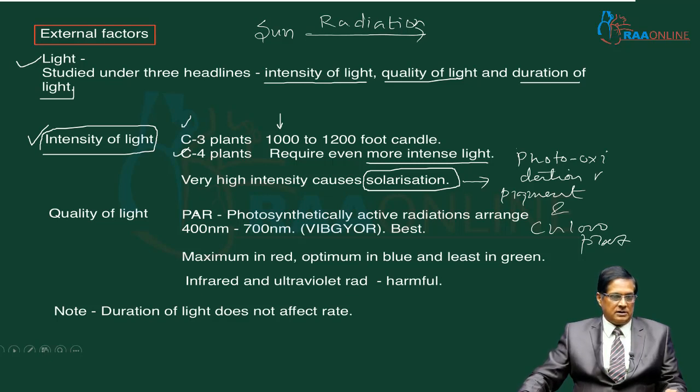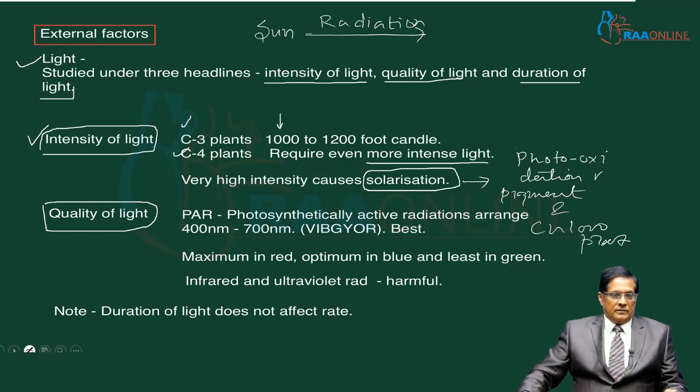Then come to the quality of light. Photosynthesis except photosynthetic bacteria is performed in normal visible spectrum.